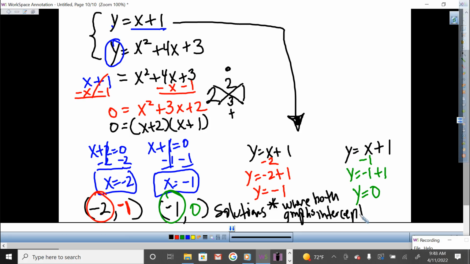Intersect. That is correct. Since this is a parabola, and this is a linear function, that means that it's going to intersect something like that. And how many spots? 2 spots. Right there and right there.